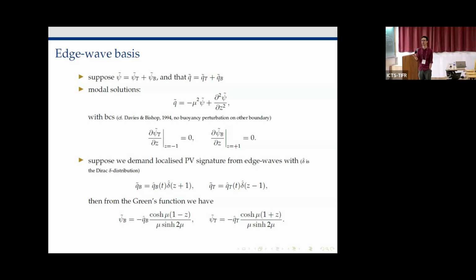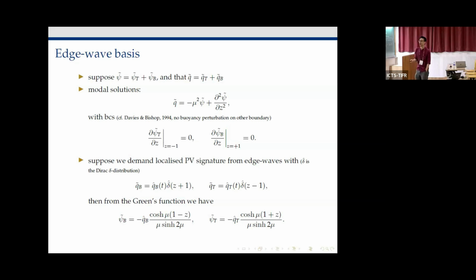In this case, I'm going to make the assumption that the bottom edge wave has no PV anomaly or buoyancy anomaly at the top, and the top one has no signature at the bottom. Okay, so that's somewhat related to what Davies and Bishop did in '94, but they did it in terms of buoyancy. So the edge waves in this case are localized on the top and the bottom, and do not induce another PV or buoyancy anomaly at the other edge.